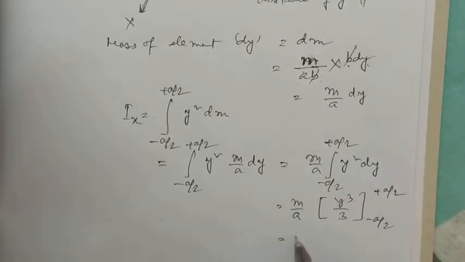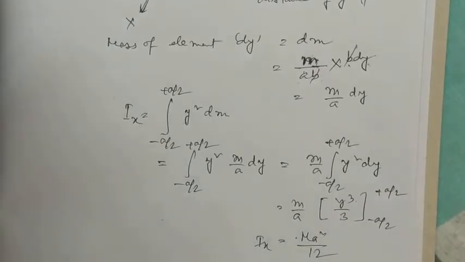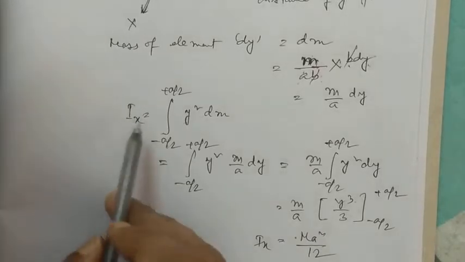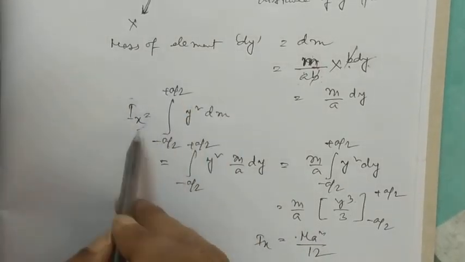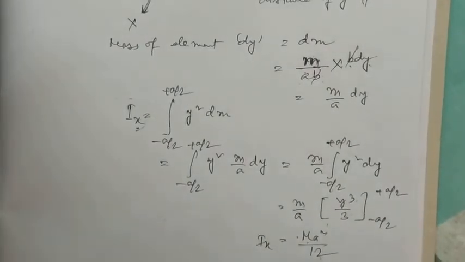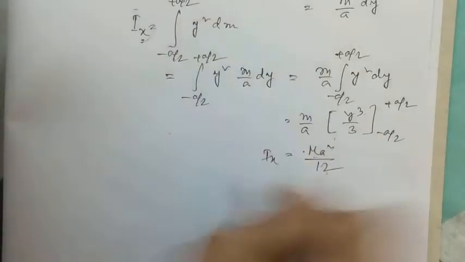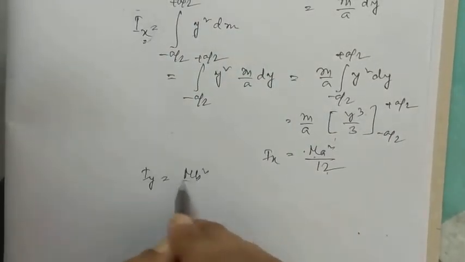So the result will be Ix is equal to m a square by 12. Now we have found out the moment of inertia of this element about the axis x. Similarly we can write Iy is equal to m b square by 12.